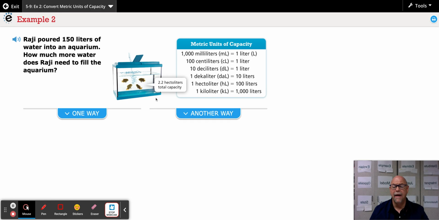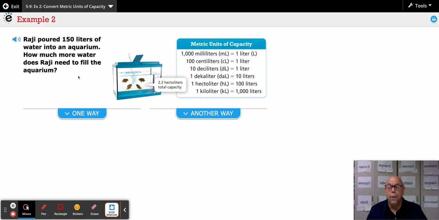So if we had the same unit, we could just do 2.2 hectoliters minus the 150 or however many hectoliters that is, and we would know how much more he needs, right? Because the whole capacity minus what he poured in would be the remainder, right?